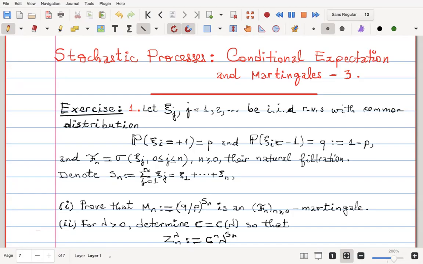The first question, we are given a symmetric random variable, as you can see. Psi j is a sequence of IID random variables with common distribution P, which is the probability that psi i is equal to 1, and Q, which is 1 minus P, is the probability that psi i is equal to -1.